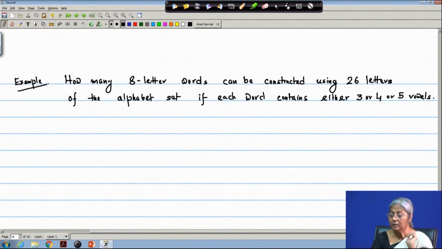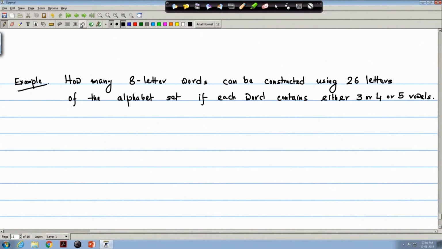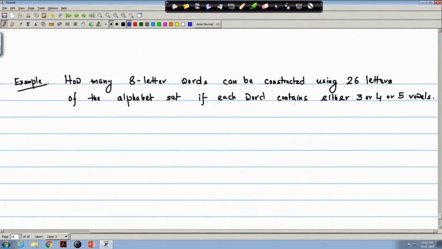So, the problem is that I have to frame an 8 letter word from the 26 alphabets, A to Z, satisfying the property. We can remember that when we started with the definition of permutation and combinations, it was some ordered or unordered arrangement satisfying some property. So, here each word contains either 3, 4 or 5 vowels.